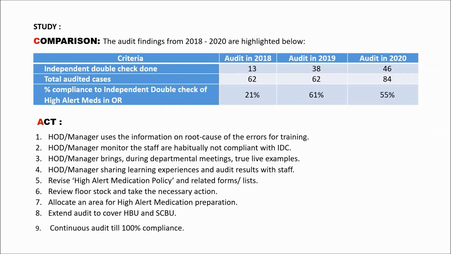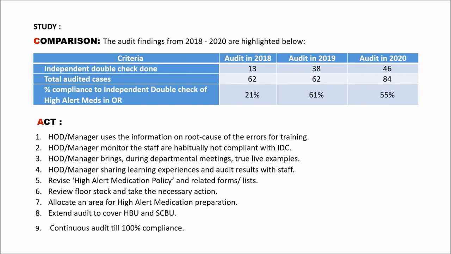The manager uses the information on the root cause of the error for training, as well as monitors the staff who are habitually not compliant with the IDC, the resistant staff, and brings true-life examples to the departmental meeting to remind the team, sharing learning experience and audit results with the staff. The high alert medication policy and related forms lists need to be revised.